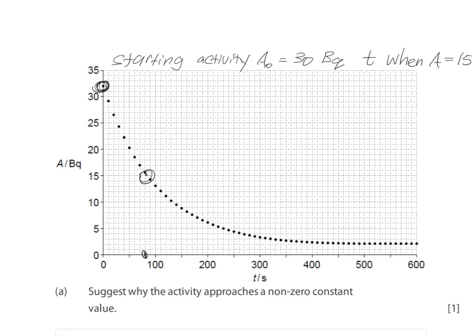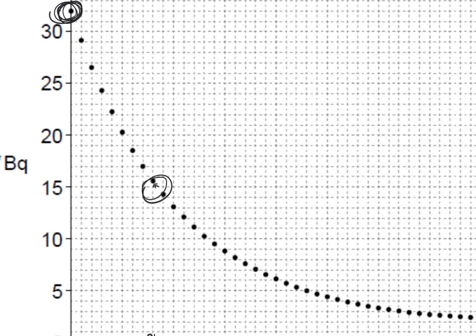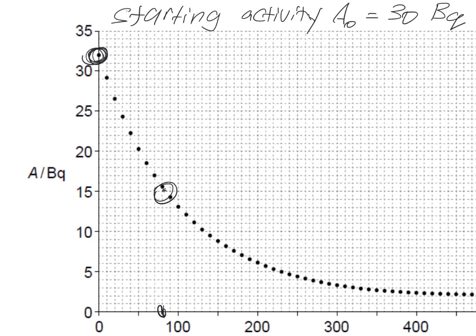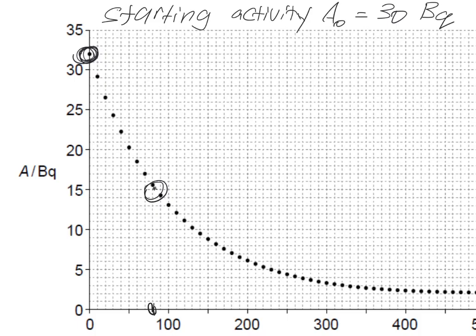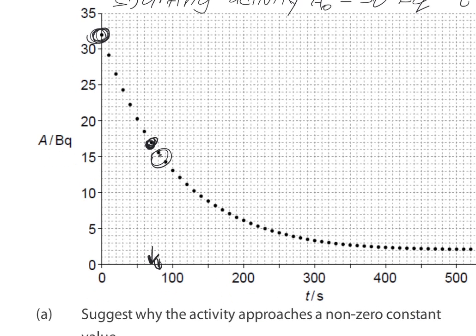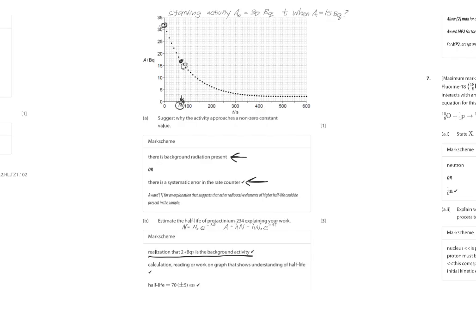And so looking at the curve, the intercept for 15 becquerels would actually be at that spot, which gives me an x-intercept of 70 seconds for my half-life. And that agrees with the mark scheme.